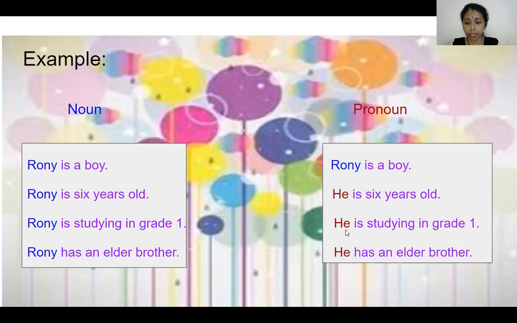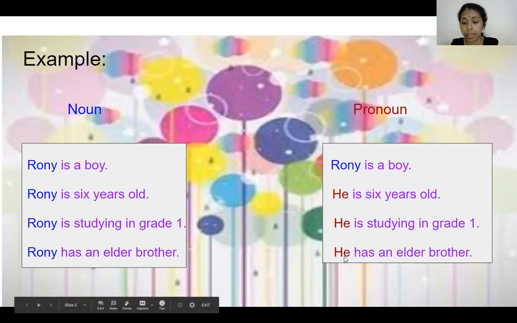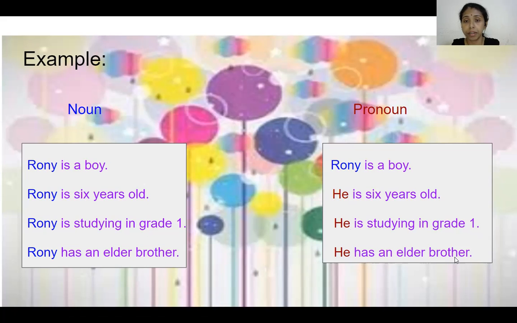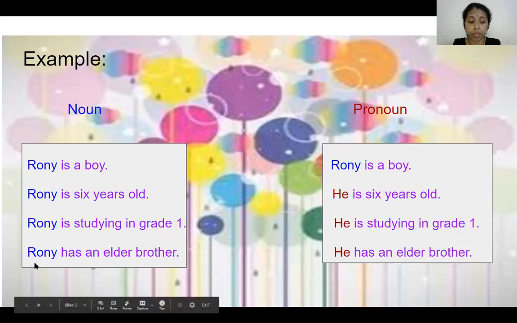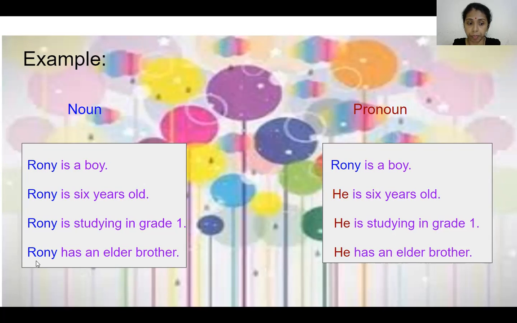Now the third sentence. He is studying in grade 1. Here also I wrote the pronoun word he at the place of Ronnie. The last sentence, he has an elder brother. In the last sentence also I mentioned the pronoun he at the place of Ronnie, that is noun.